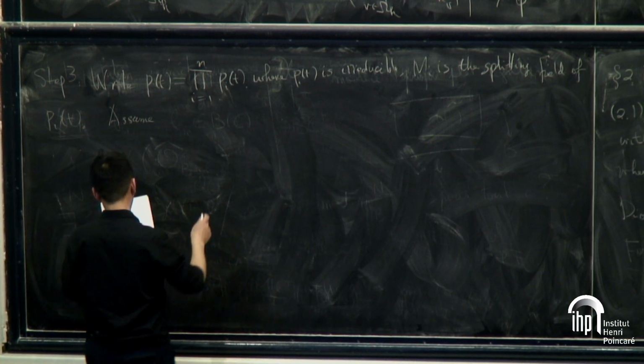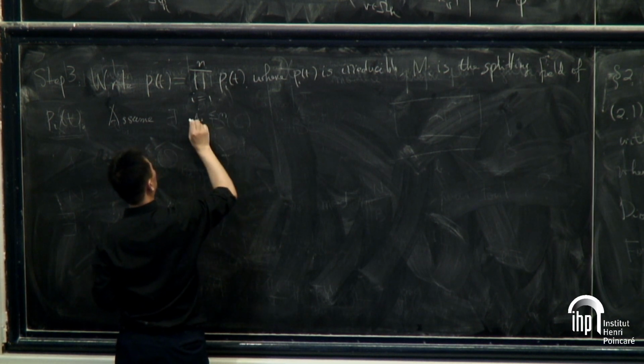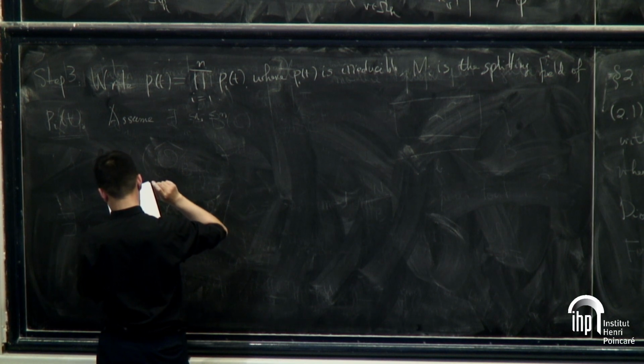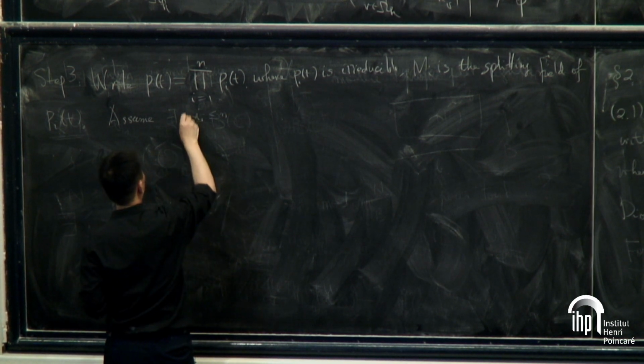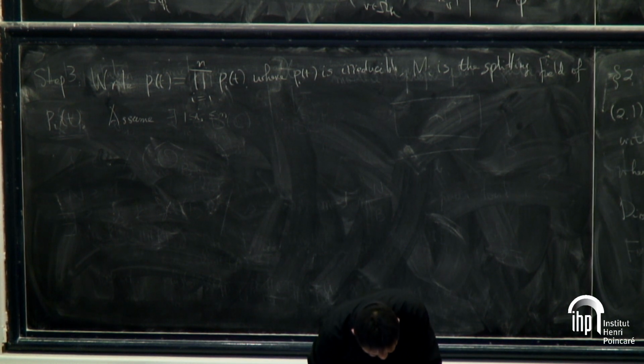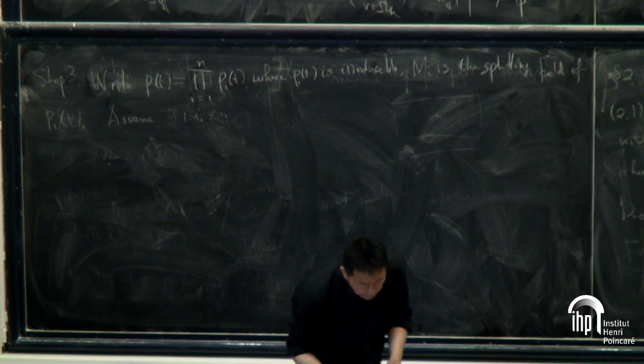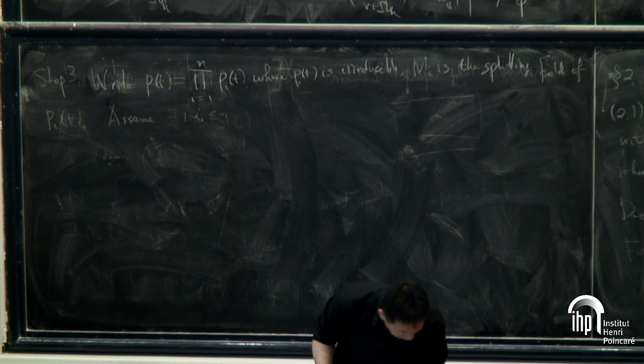Assume that we have such pictures that there exists i0. Do I write the correct index? I forgot. P_i(T), you write something. 1, 2, 3.